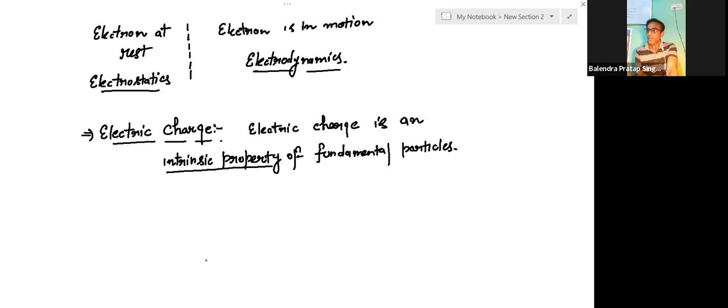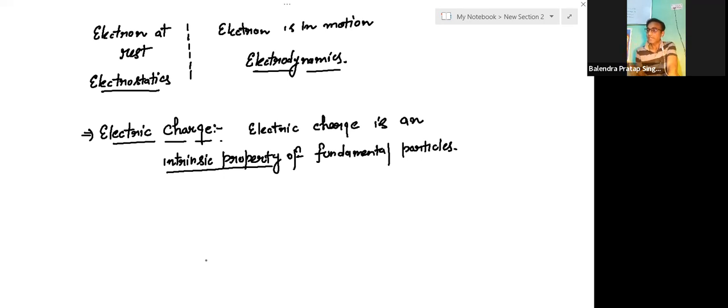Same as mass, electric charge is also an intrinsic property of matter. There is one more, which is spin. We will not talk about spin here, but spin is also an intrinsic property of matter. Electron has spin up and spin down, which we will study in our modern physics part, not here.